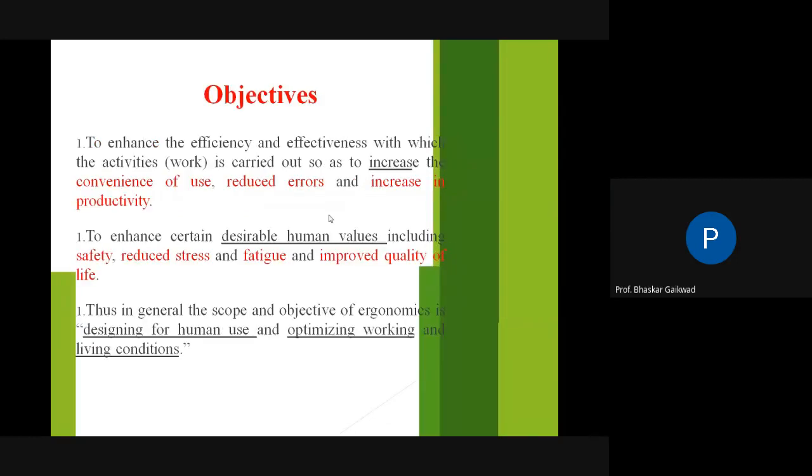Now, what is the objective of this? To enhance the efficiency and effectiveness with which an activity is carried out so as to increase the convenience of use, or reduce the errors and increase the productivity.